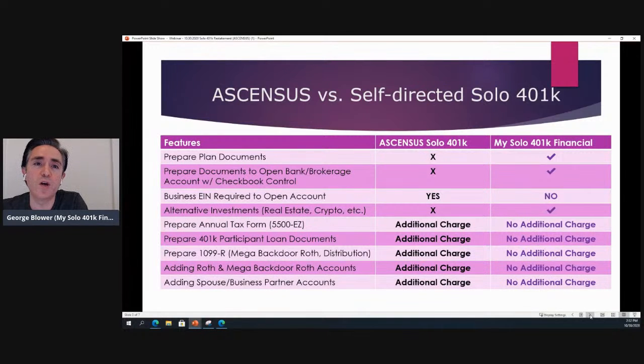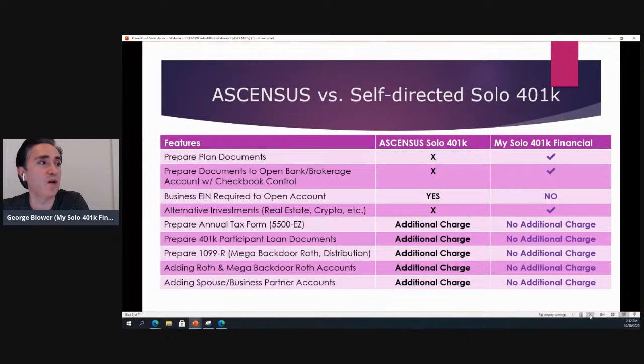Whereas with us, we prepare those plan documents specifically for your business, and we draft them in a way that's going to give you maximum flexibility so you can do all of the different things that you want to do with your retirement money, whether that's Mega Backdoor Roth or a 401k participant loan or investing in alternative investments.